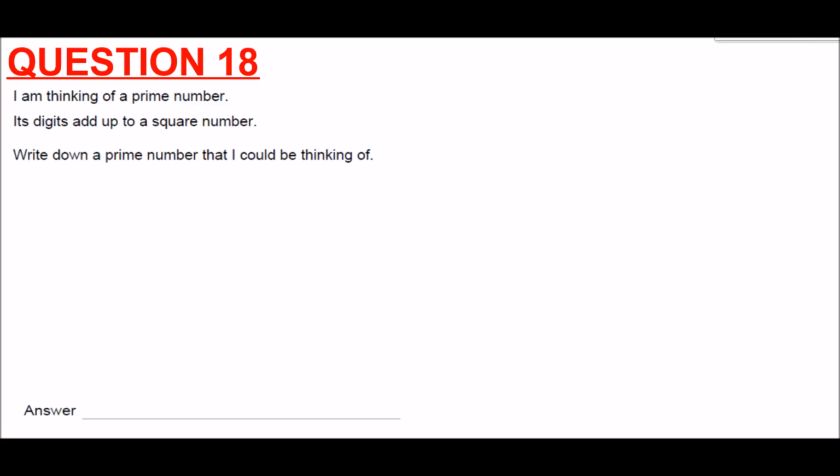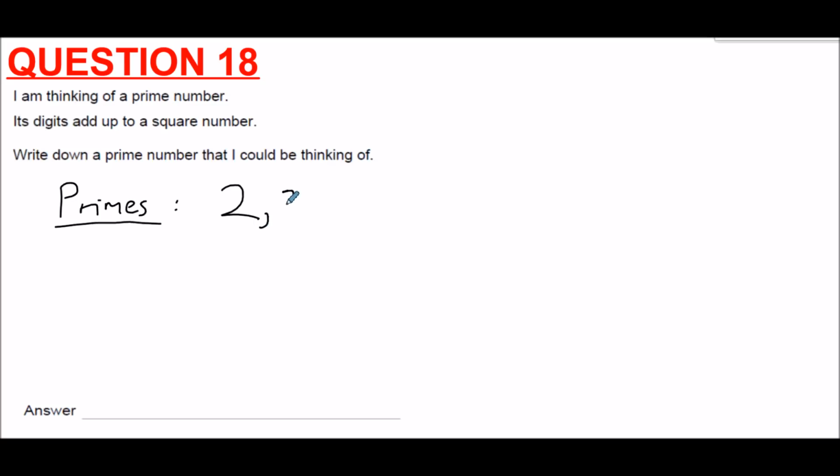Question 18. I'm thinking of a prime number. Its digits add up to a square number. Write down a prime number that I could be thinking of. So, what I'd suggest first of all is to just do a list of primes. First prime number is 2, by the way.